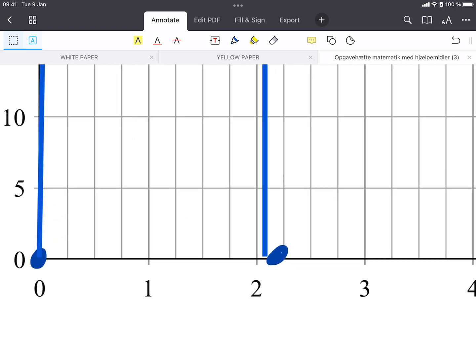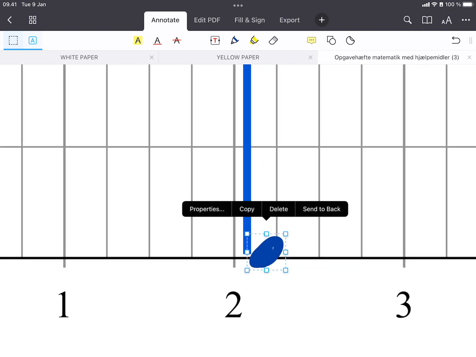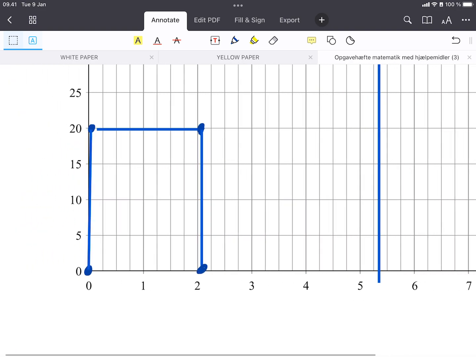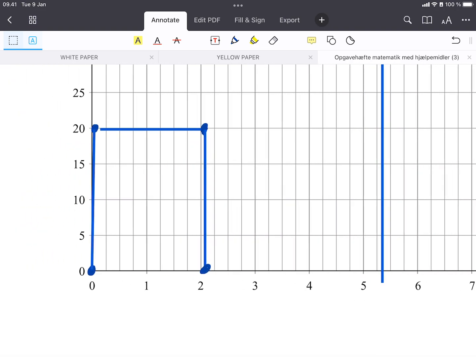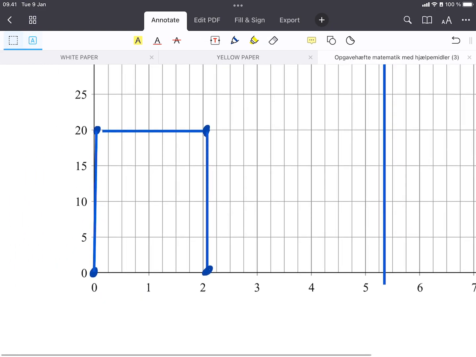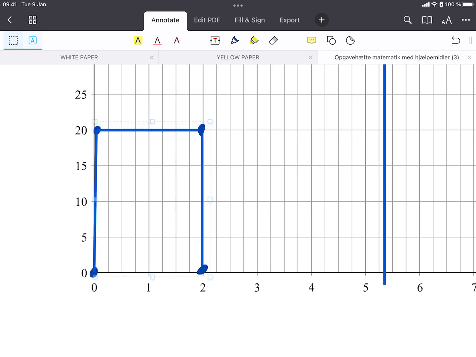Almost vertical. Just move that over there.